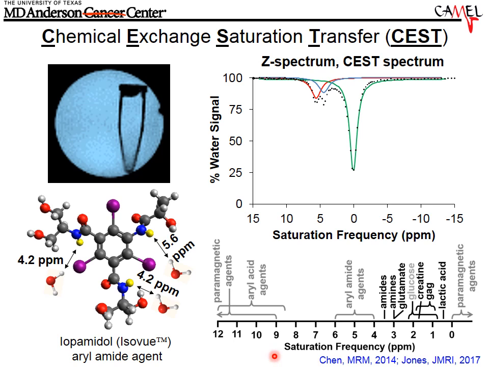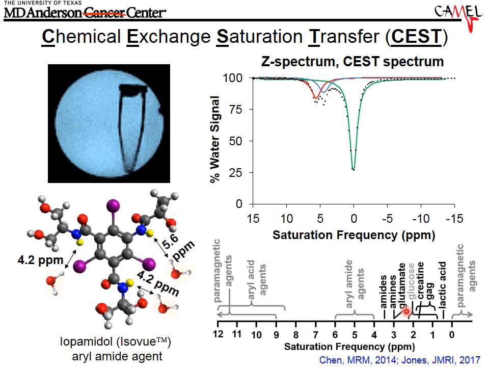So this chart below shows the types of CEST agents or CEST molecules that are typically used. There are paramagnetic agents and very conjugated aryl acid agents that have very high chemical shifts, very far away from the water signal at 0 ppm. There are also other exogenous agents shown here in light gray.